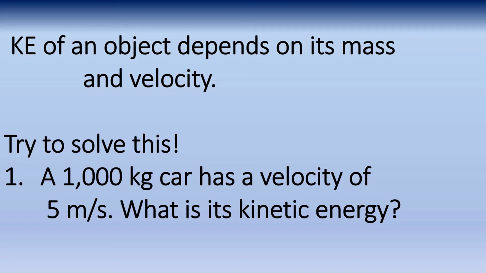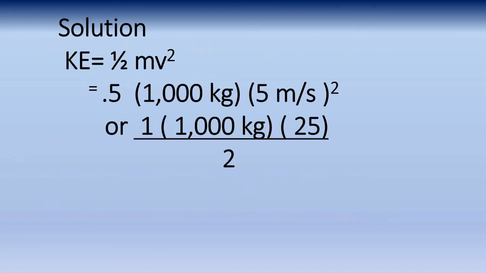Problem number 1 states that a 1,000 kilogram car has a velocity of 5 meter per second. What is its kinetic energy? The solution: first identify the given, second write the equation, third substitute the values and then solve. The equation for kinetic energy is 1/2 mv squared.